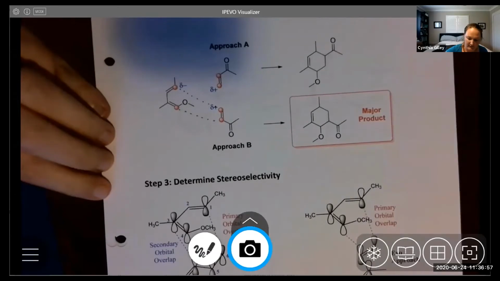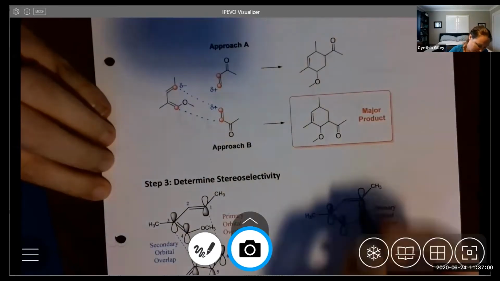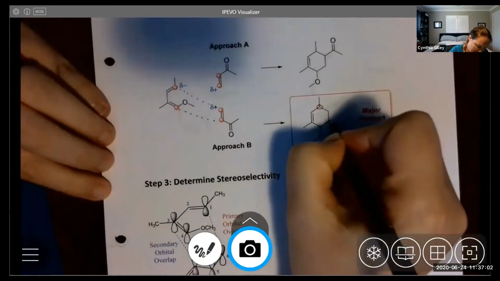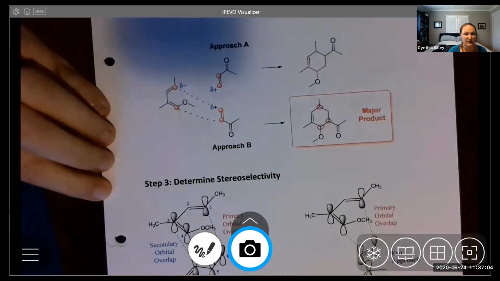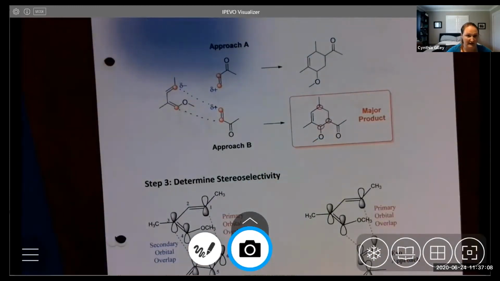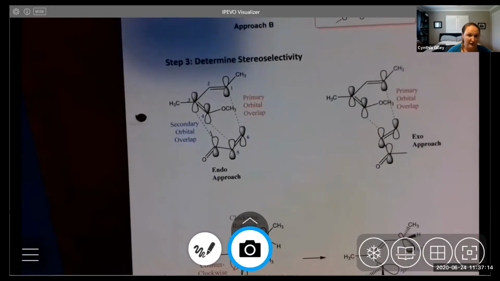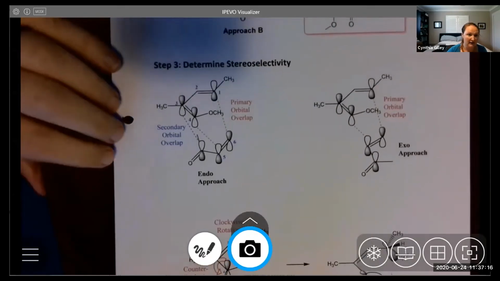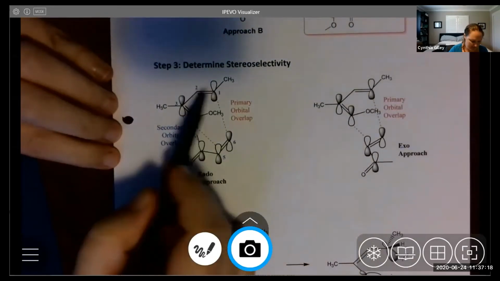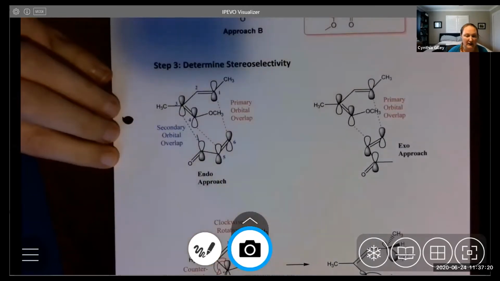And then the next step is to think about stereochemistry, because we now have 3 new stereocenters. We want to know what stereochemistry is very specific to all this. We can look at the orbitals involved in the endo and exo approach.